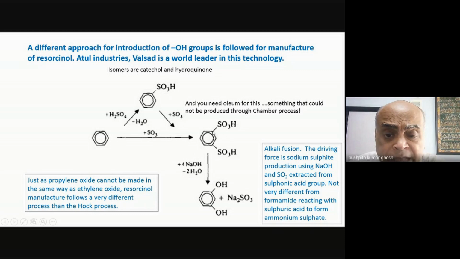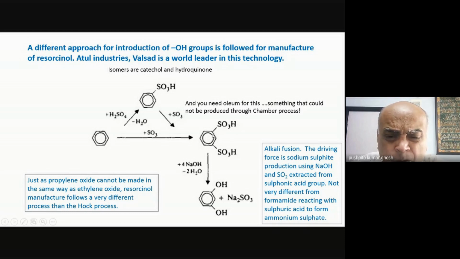Now, this is again very interesting, that they actually do a fusion chemistry. You take this and at a high temperature, something like maybe around 250 degrees or so, you cook it up with caustic soda. So it's an alkali fusion that is taking place. The driving force for this reaction is very interesting.